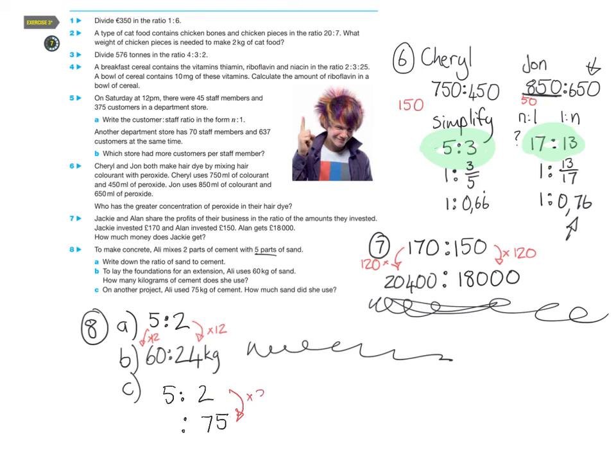So I'm multiplying by 37.5. That means on the other side I'm going to multiply by exactly the same thing. So 5 times 37.5 is going to give me 187.5 kilograms. So it's important that you then write a beautiful sentence about it.